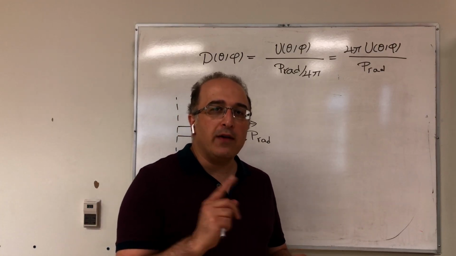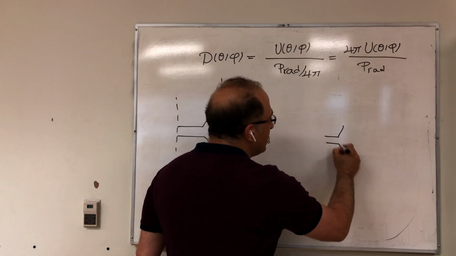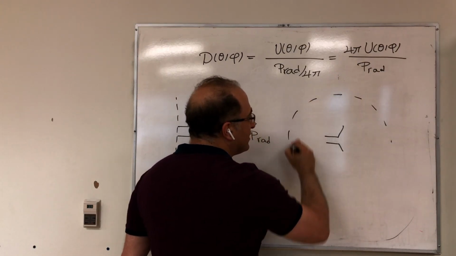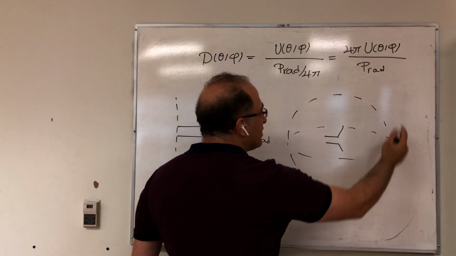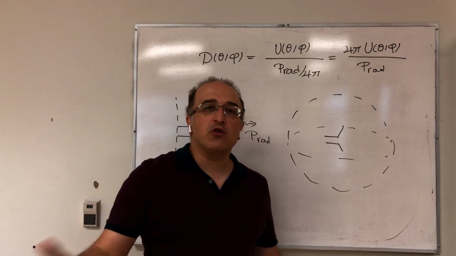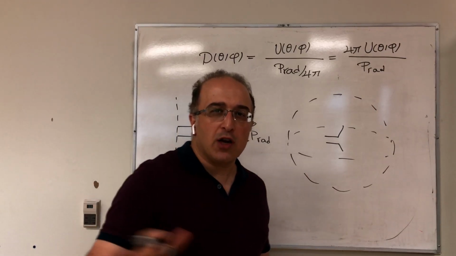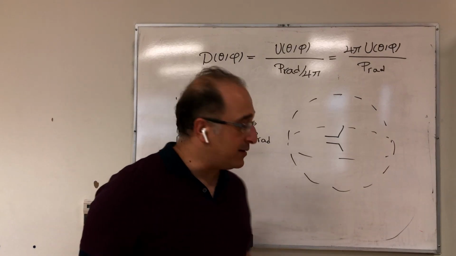How can you find the total power radiated by your antenna? You essentially need to go around the antenna in 3D space and measure the points around the antenna and sum them to have the total power radiated. So total power radiated is not something that you can take for granted.